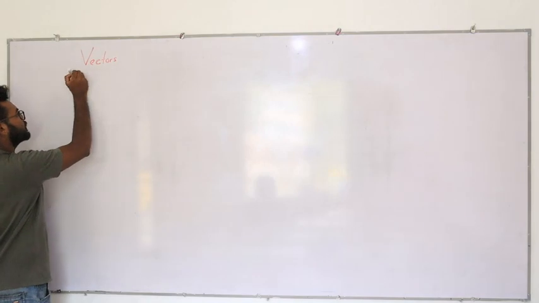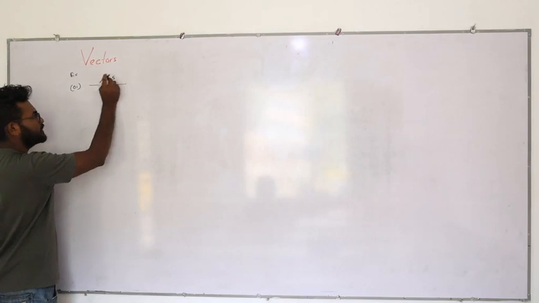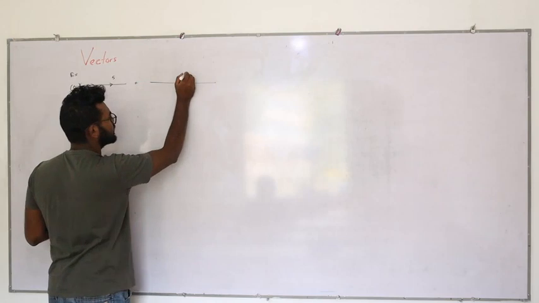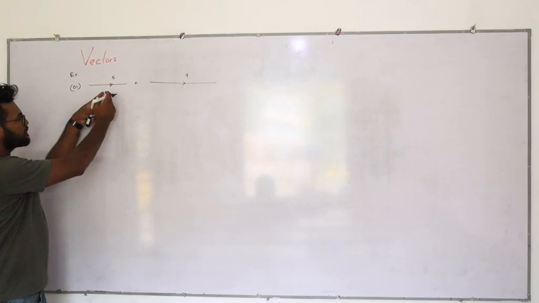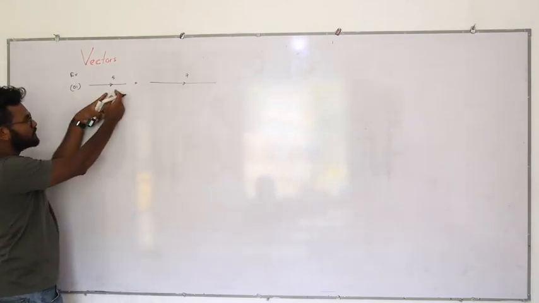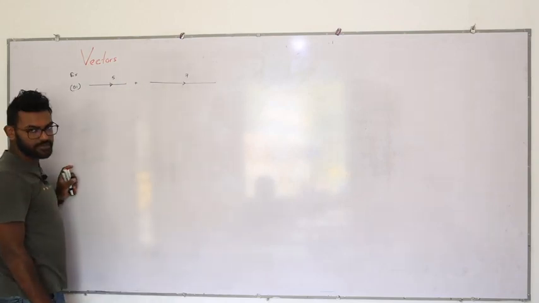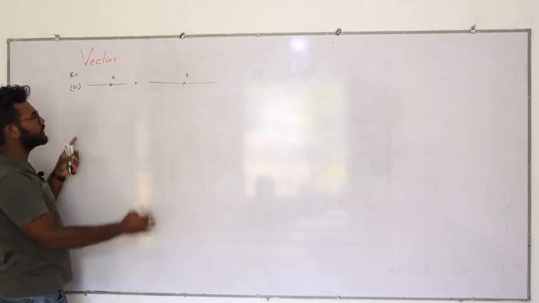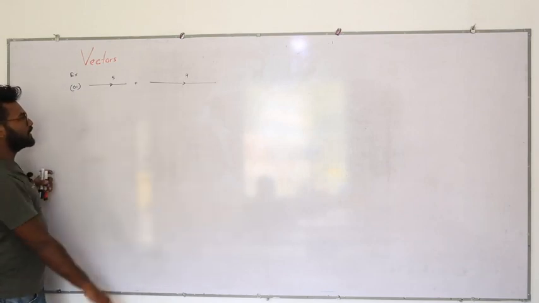Example 1 will be, let's say we have given a 5 vector to this side and also a 7 vector to this side. When we are drawing that 5 and 7, you can see the length of these lines. To represent a smaller vector we use a little line compared with a vector representing a large magnitude. When we represent a vector, we normally draw it with a line, and that line has to be proportional to the magnitude. Okay, so you can draw it like that.